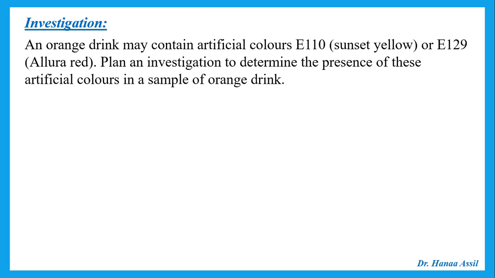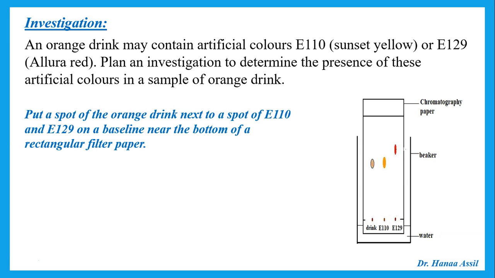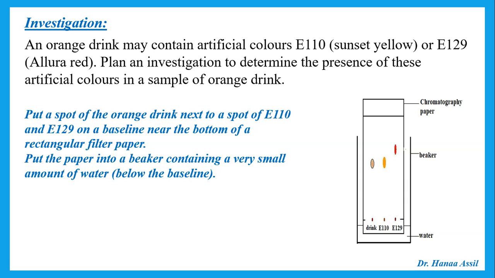I want to know, does it have E110 or not? And does it have E129 or not? Again, we said, put a spot of the orange drink next to a spot of the E110 and the E129 on a baseline near the bottom of a rectangular filter paper. Put the paper into a beaker containing a very small amount of water.